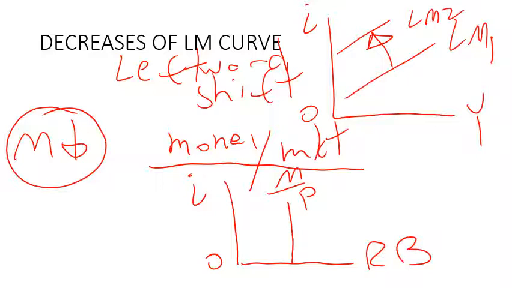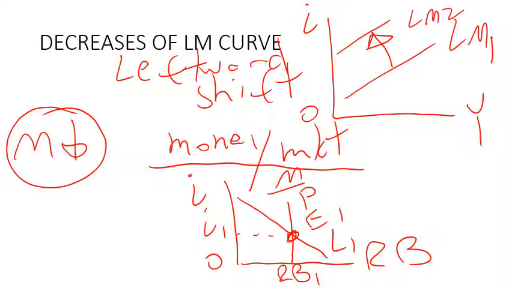Remember that together M over P is referred to as the real money supply. L being money demand, equilibrium interest rate, and the equilibrium level of real balances.